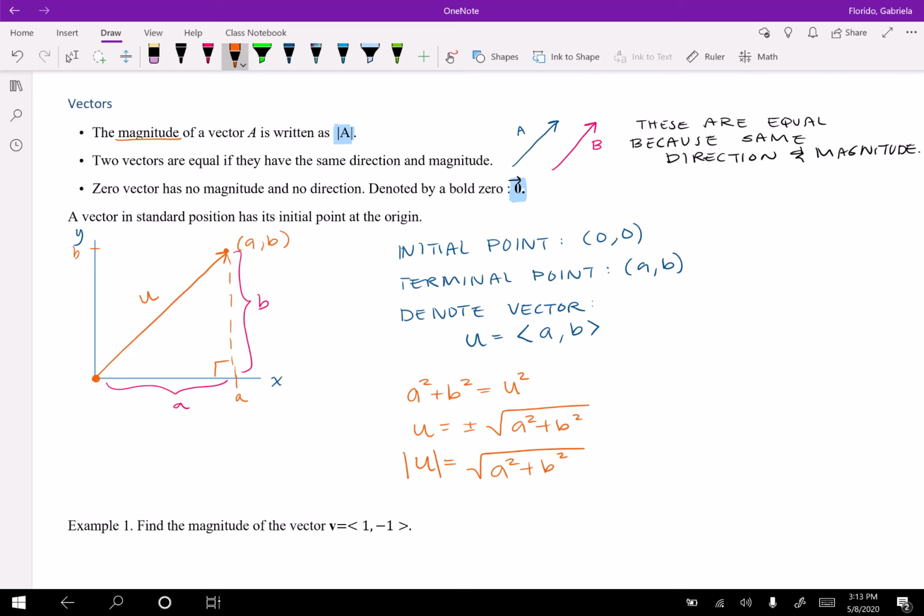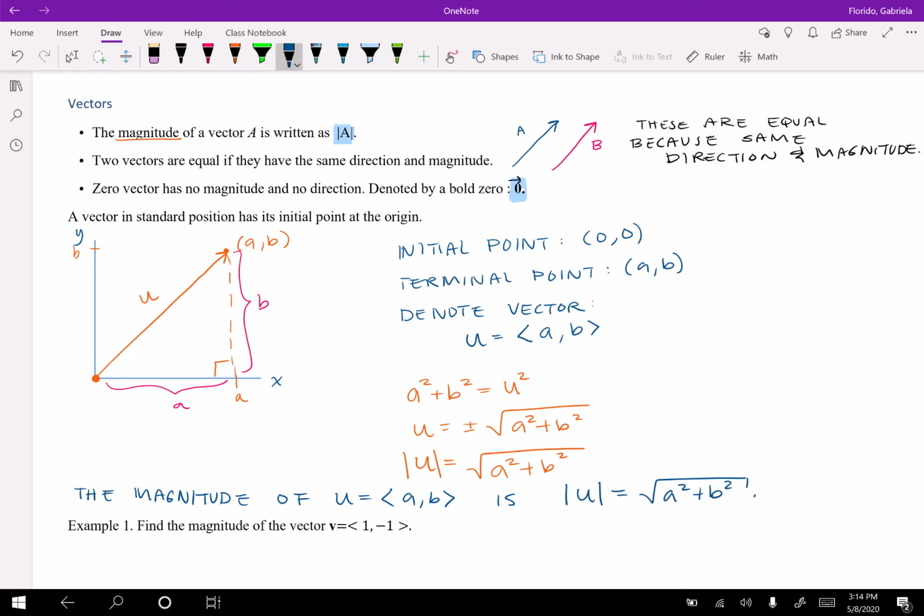So let me write this down. The magnitude of u, which is equal to <a, b>, is this absolute value looking symbol, which means the magnitude of u is equal to the square root of a squared plus b squared.